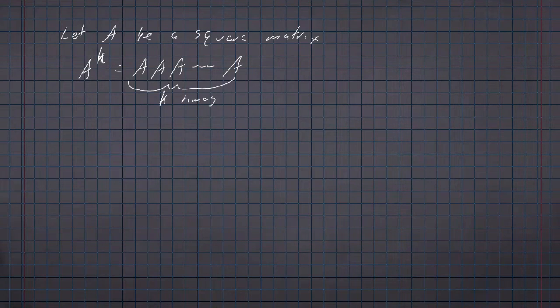This is supposed to be a k, that just really doesn't look like one. A raised to the k power, just like exponents on numbers, means multiply that matrix by itself k times. And I do want to stress in this definition that we can only do this when A is a square matrix. If A is not a square matrix, then multiplying a matrix by itself probably isn't defined in the first place.